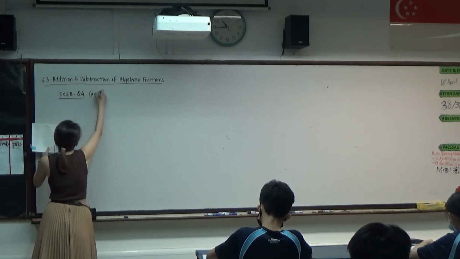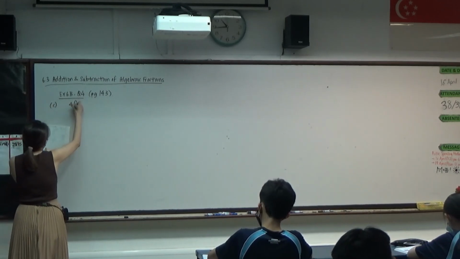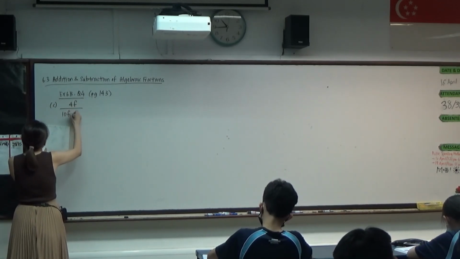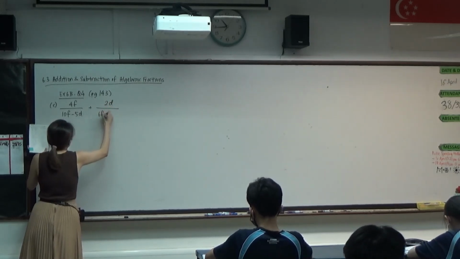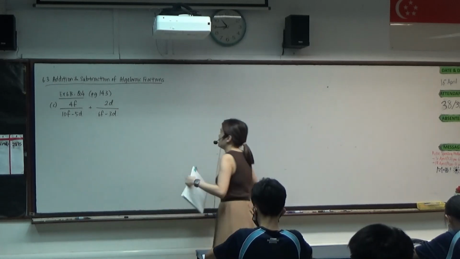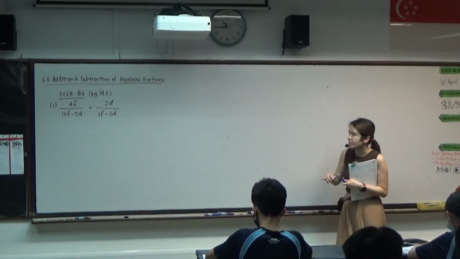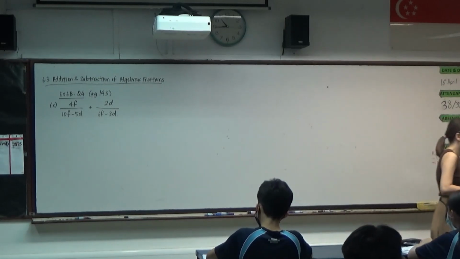Okay, this is in your textbook, page 143. We have this fraction here, 4f over 10f minus 5d plus 2d over 6f minus 3d.